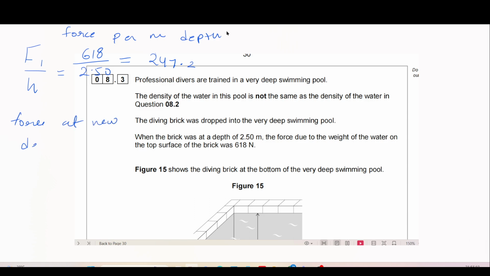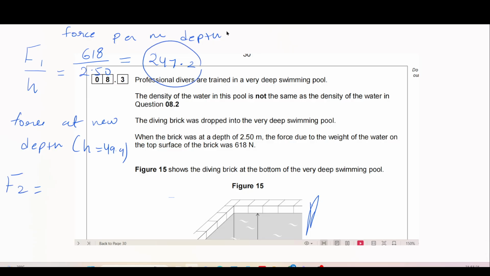After this, you will calculate the force at the new depth. New depth means the new height, which is given as 49.9, as you can see in the figure here. Now you know force per meter depth.